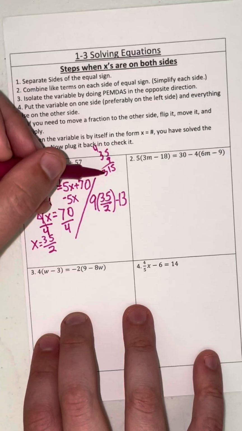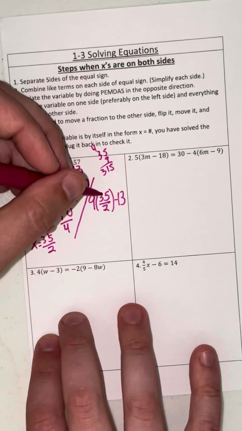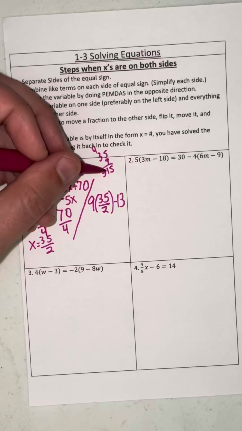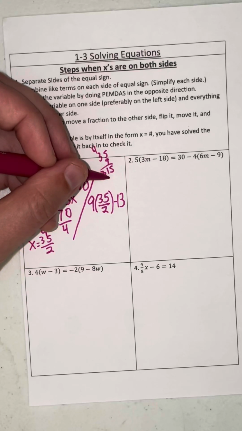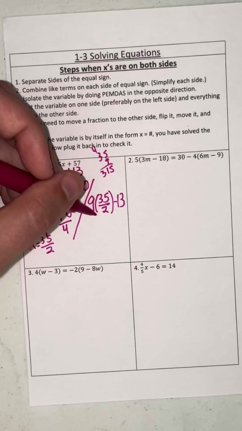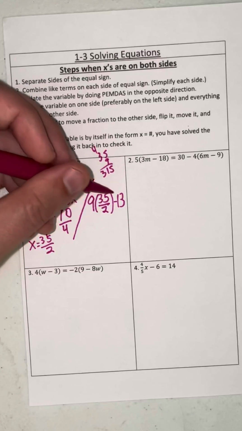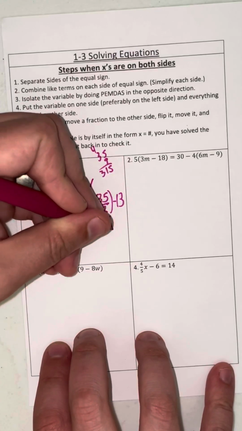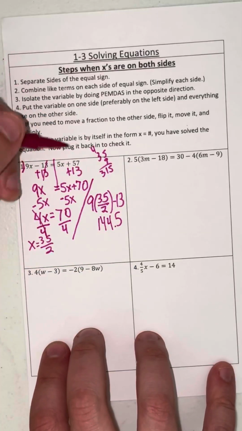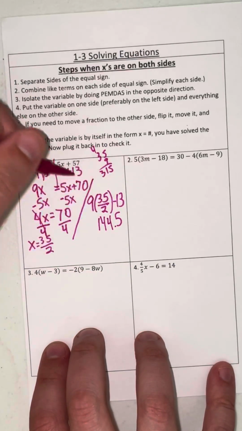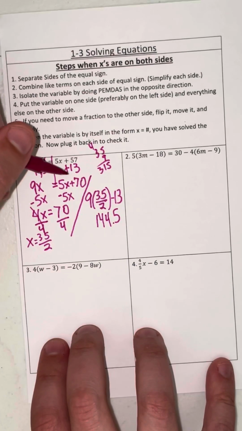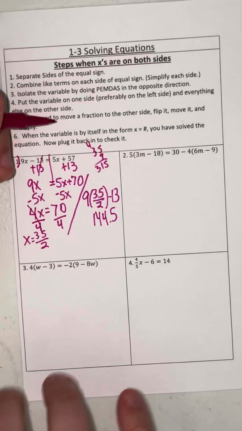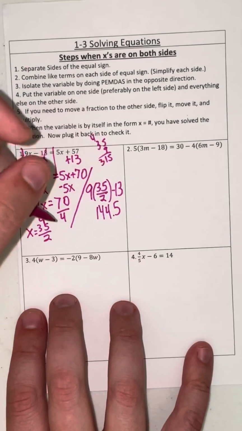Taking half of that would be 157.5, and then subtracting 13, I should get 144.5. More than likely, if I were you, I'd be putting that into the calculator to do my check. I don't have one with me right now because everything I would use is up at the school where my first video did not work.